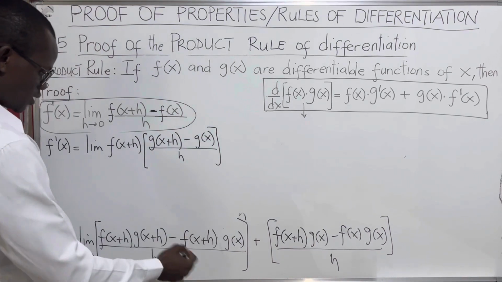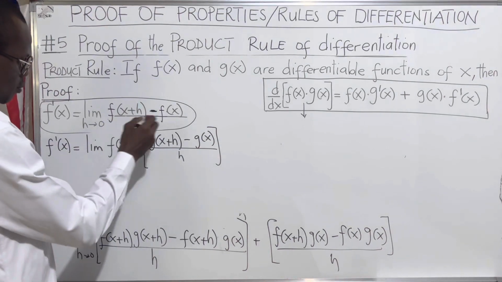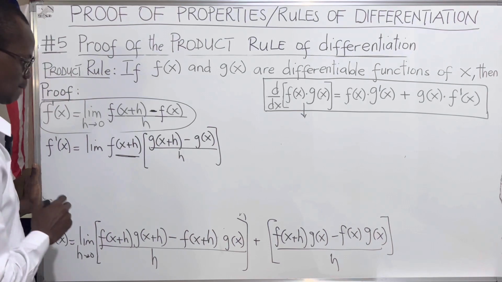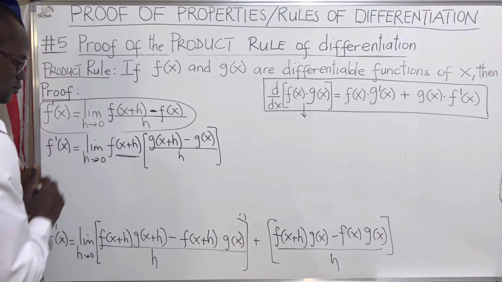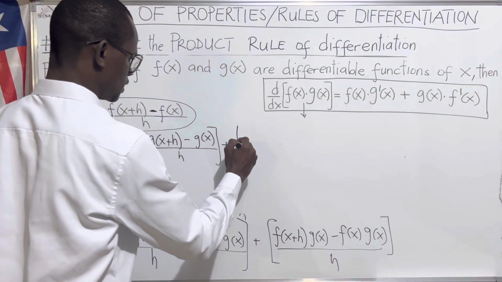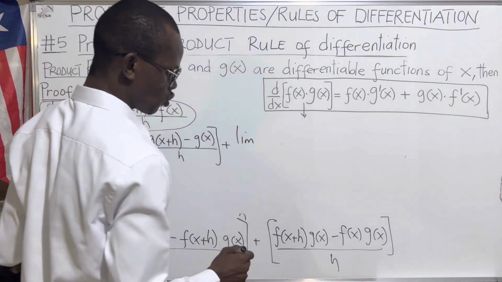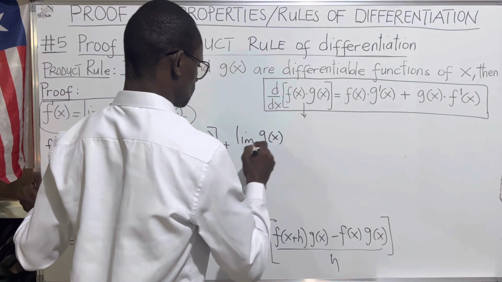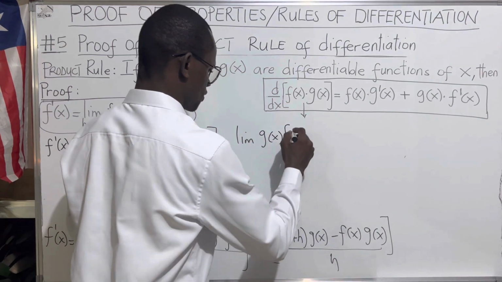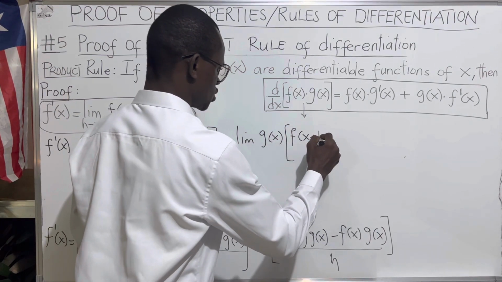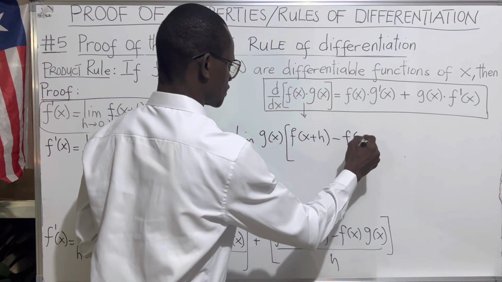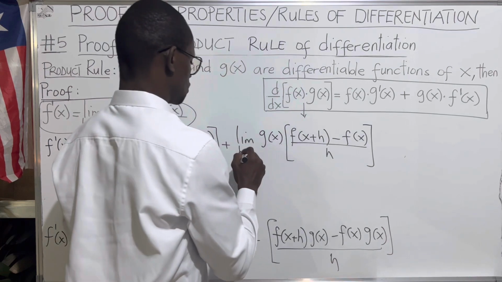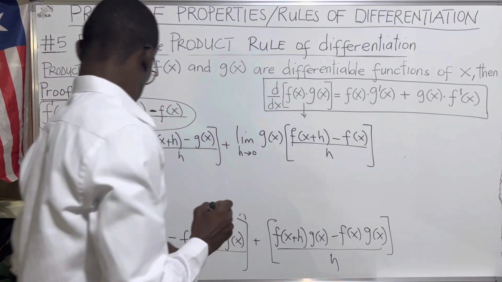So I want this thing to appear in this form. That's the reason why you saw that I factor out this guy as h approaches 0, plus the limit. So what is also common here? g of x. So I factor out g of x, and then I'm left with f of x plus h minus f of x all over h as h approaches 0.